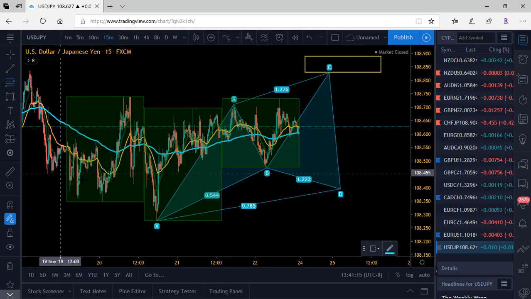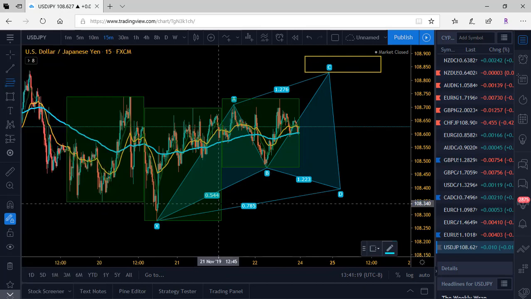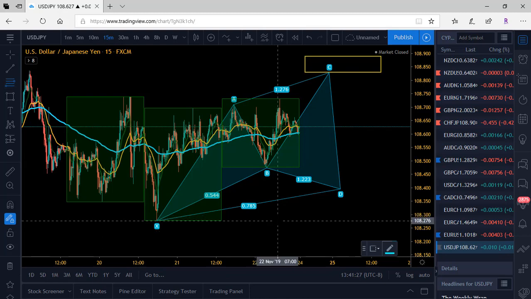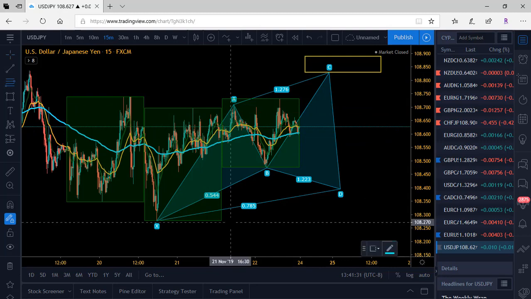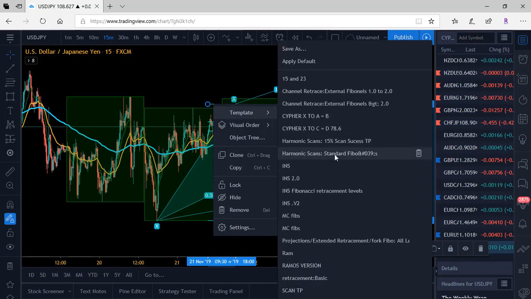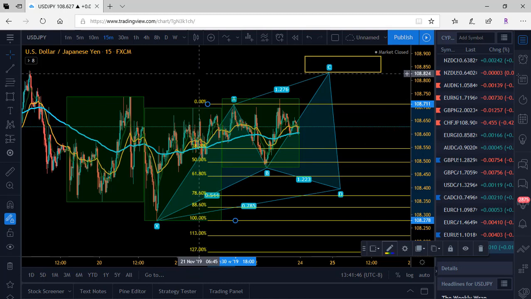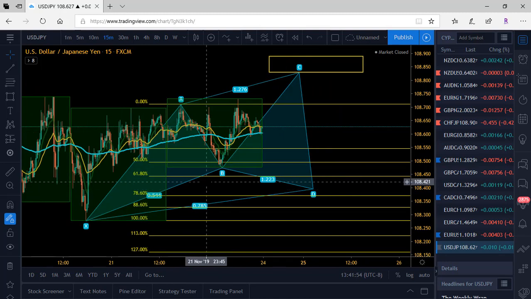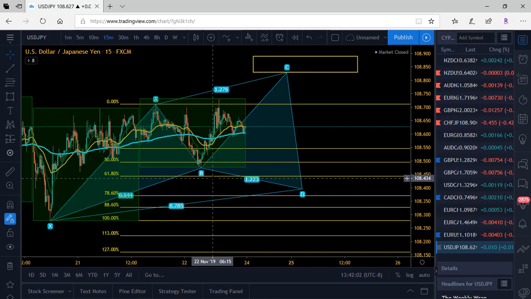It looks like it also meets the minimum for that B point, which needs to be at a 38.2 Fibonacci retracement from X to A. So that B point is valid because it's in between the 38.2 and the 61.8.